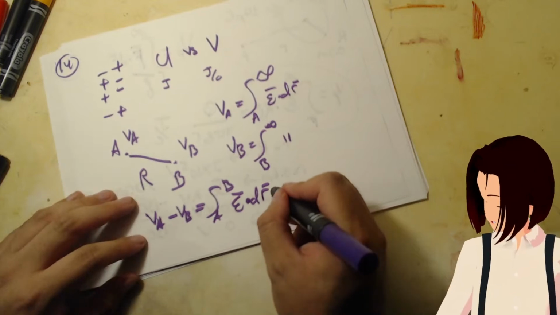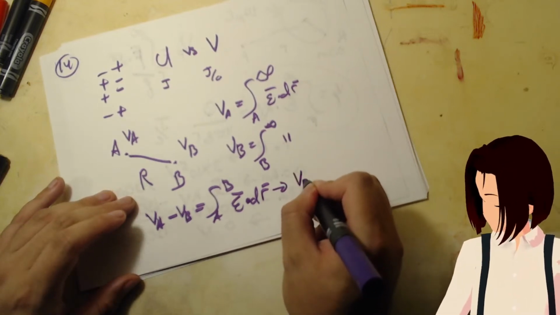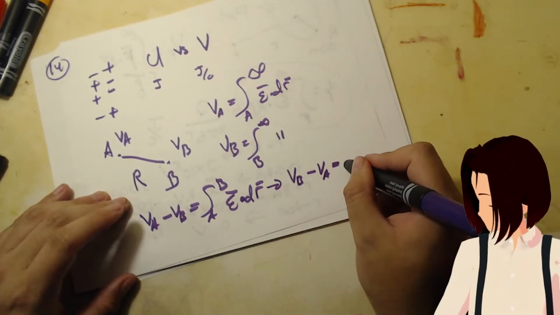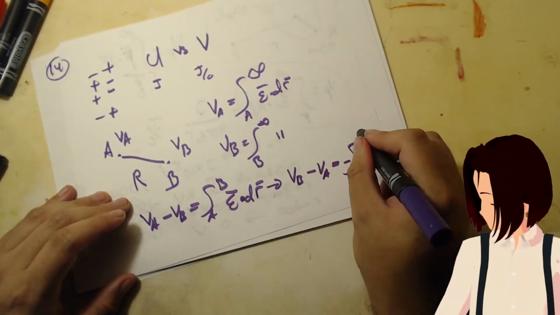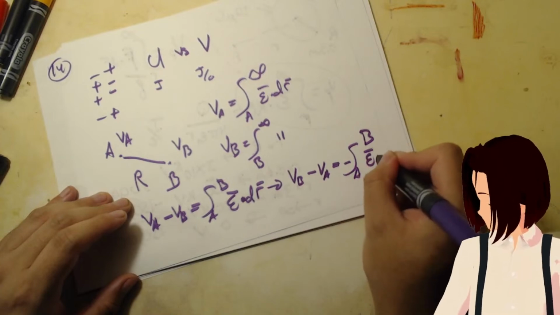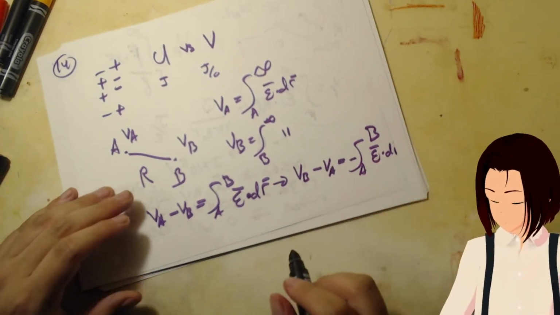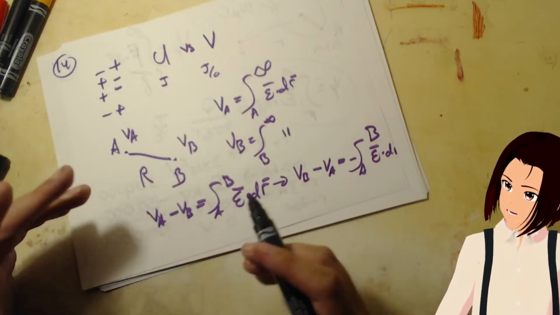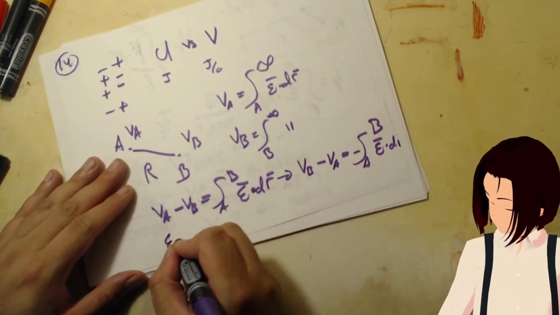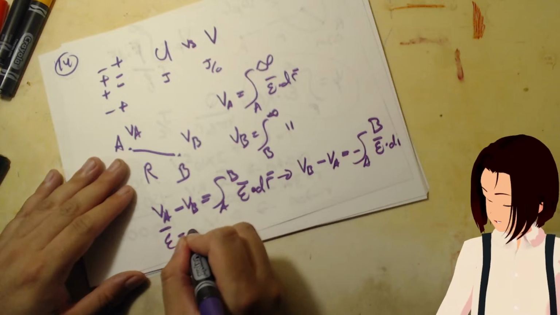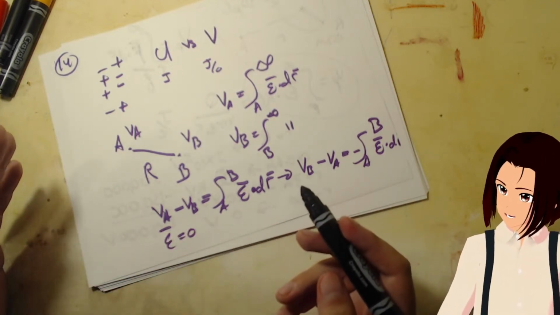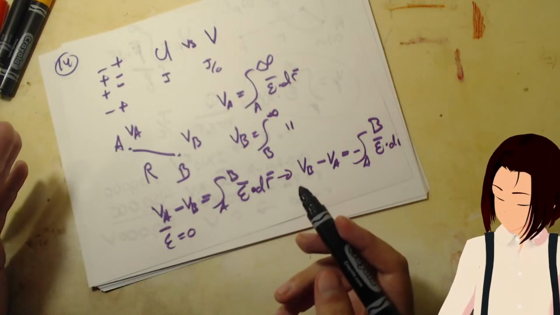Some people like to write it as V_B minus V_A. If for whatever reason the electric field is 0, the potential difference is 0 because they have the same potential.